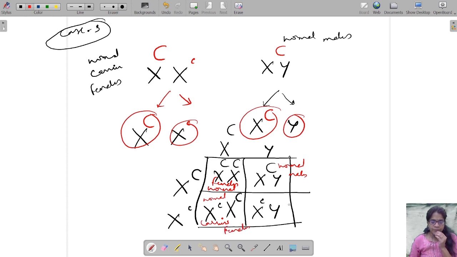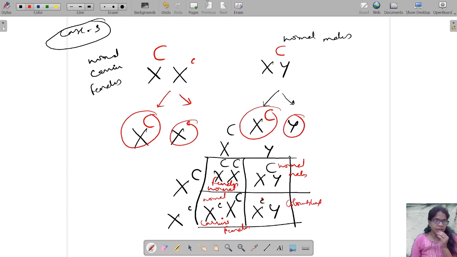right? And here they are completely color blinded, because this particular person, or 25% I can say, got the X chromosome from his mother. That is why he is ending up with color blindness.